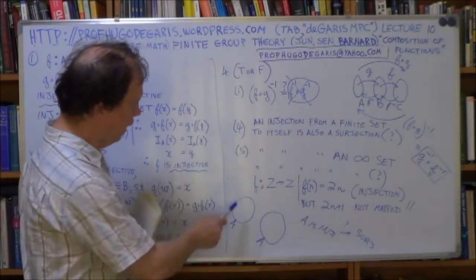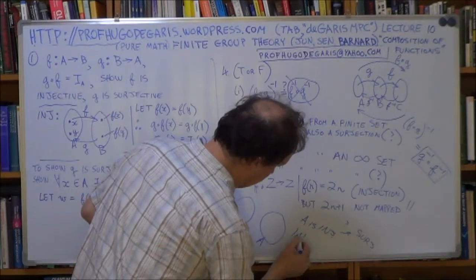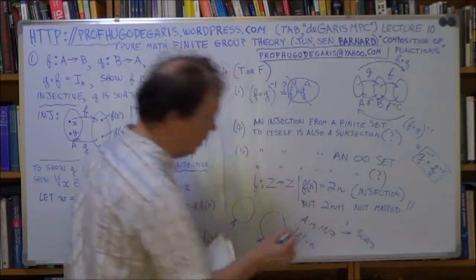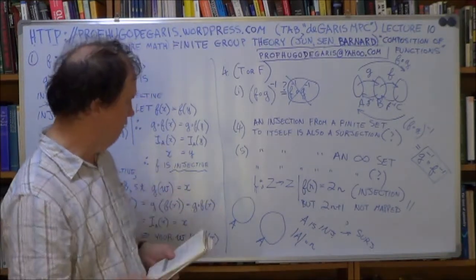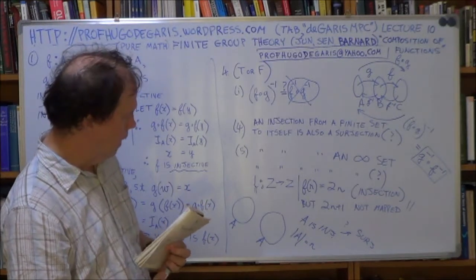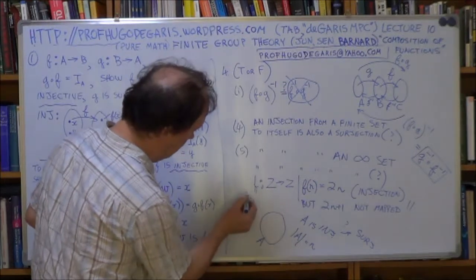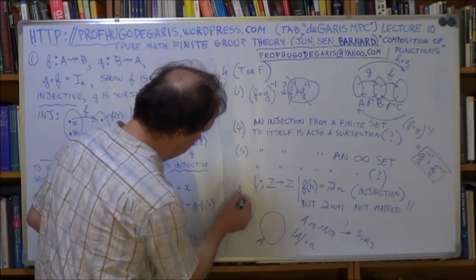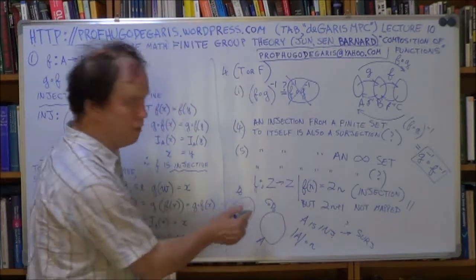Now it's finite, so let's say the size of A is n. It has n elements. So it's finite and it's injective. What does that mean? This is your domain, and this is your codomain, which is itself, in fact.